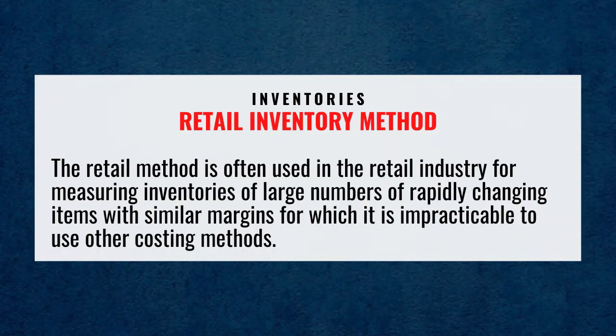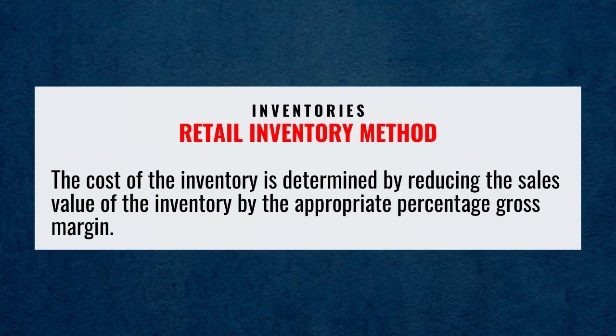Retail inventory method. The retail method is often used in the retail industry for measuring inventories of large numbers of rapidly changing items with similar margins for which it is impracticable to use other costing methods. The cost of the inventory is determined by reducing the sales value of the inventory by the appropriate percentage gross margin.